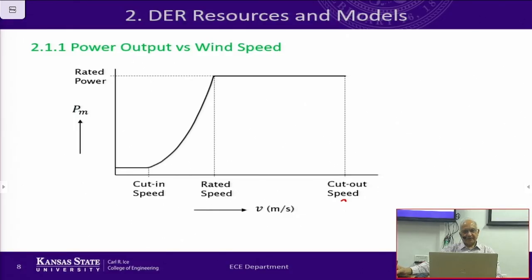This is the rated speed, which takes you to the rated power, but any speed increase beyond that does not increase the output. But there is a speed called the cutout speed, which is the maximum allowed, because beyond that there is a danger of the wind turbine getting damaged. So you block the generator if the wind speed goes beyond that. This is the characteristic of a wind generator.